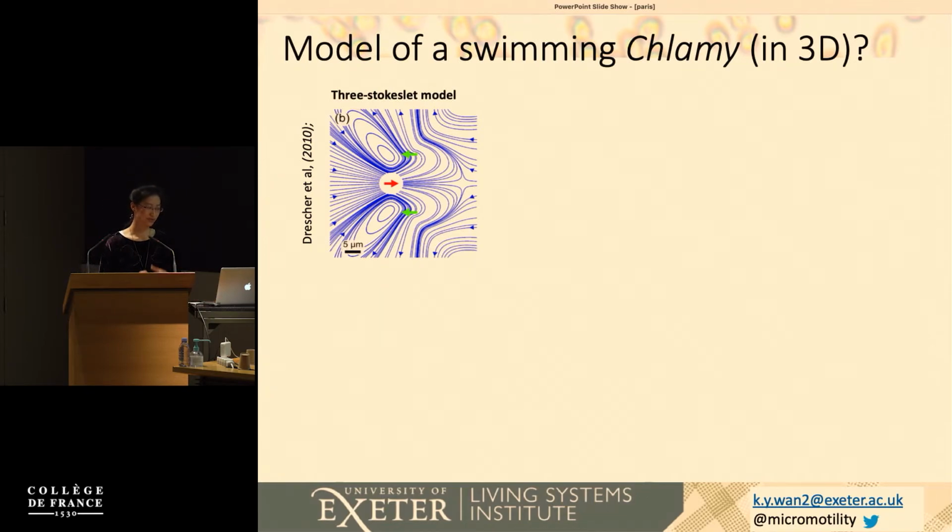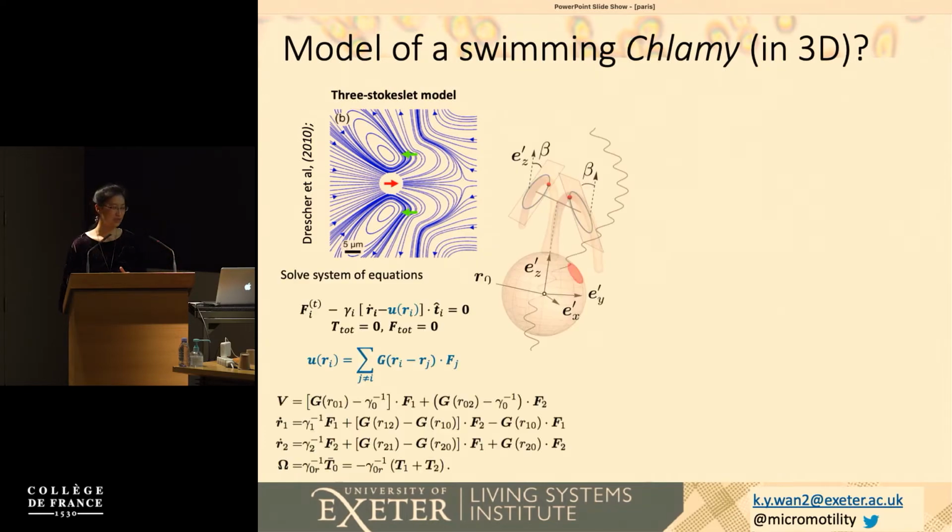And with this type of idea in mind, we converted this 3 Stokeslet description of a single Chlamydomonas cell swimming in the plane of movement into a 3-dimensional model, where we essentially allow these planes now to rotate out of the plane. And I won't go into the details here, but you essentially allow the system to satisfy zero Reynolds number equations. And here the key is that we can actually describe or simplify the complex waveform dynamics of individual flagella rotating, beating back and forth as single beads that are rotating around these circular trajectories.